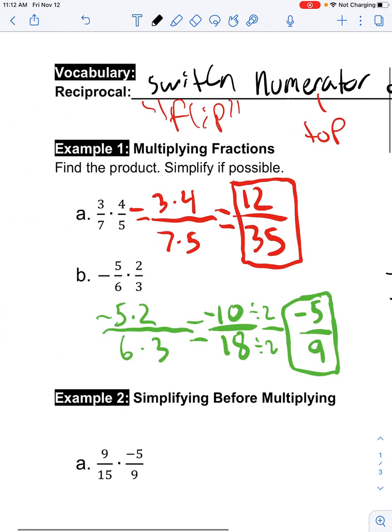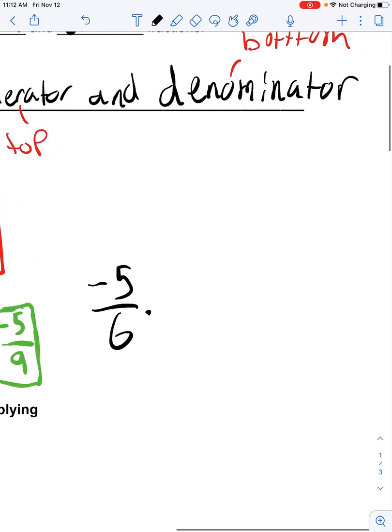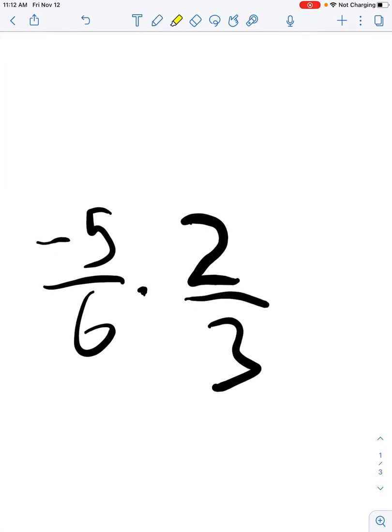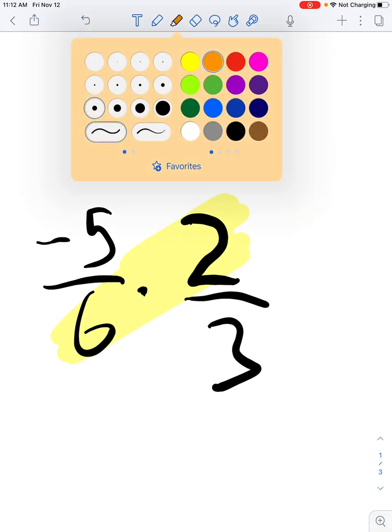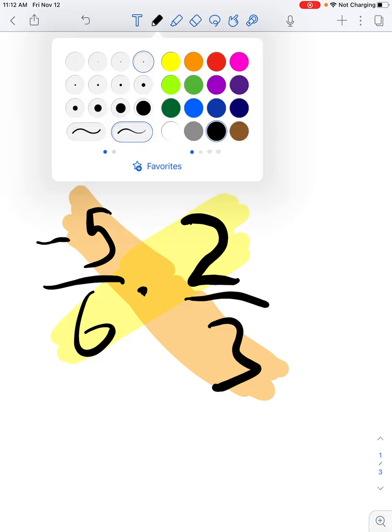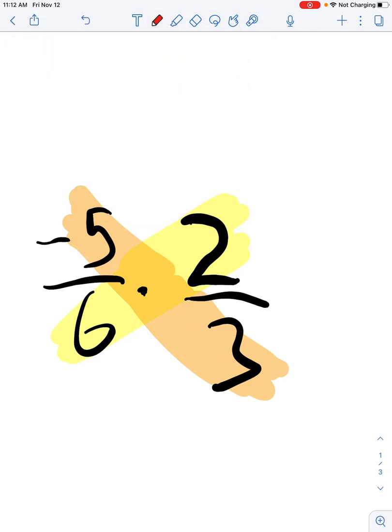The second way to solve it, I'm going to rewrite it. Negative 5/6 times 2/3. The trick is to look diagonally and say, is there anything I can simplify here, or anything I can simplify here?